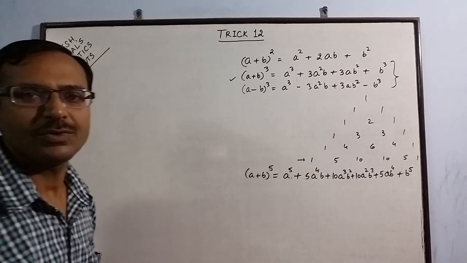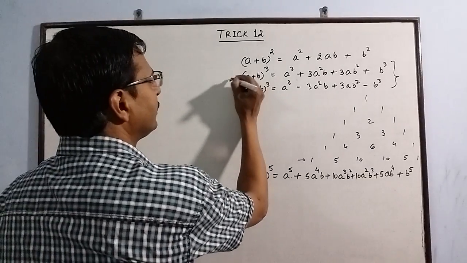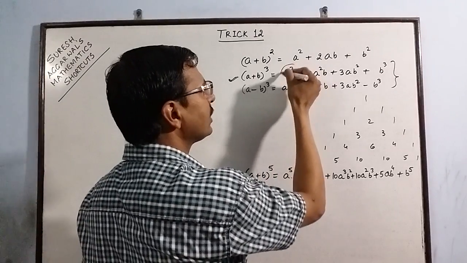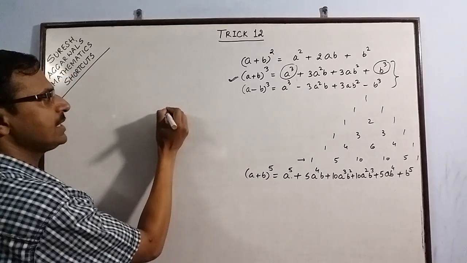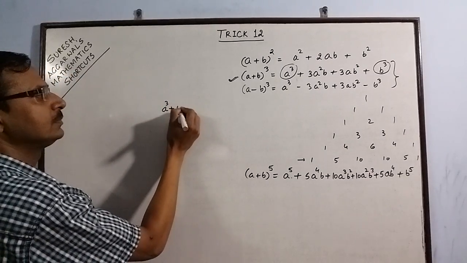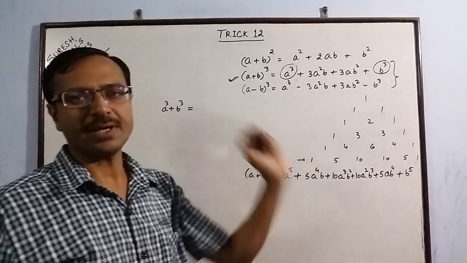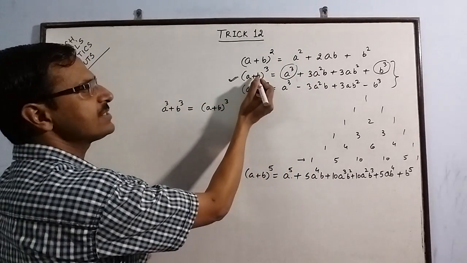The first thing which we are going to derive is from this one. What we do is we retain these two terms on one side, that is a cube plus b cube, and the remaining two terms we shift this side. (a + b) whole cube is already existing on the left hand side.